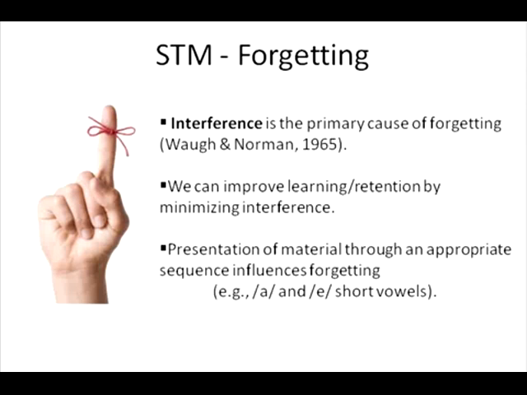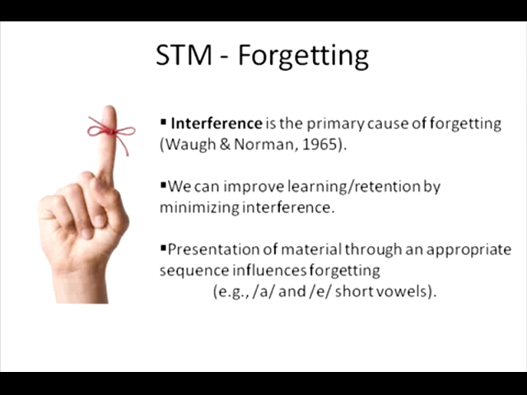The other aspect that may cause forgetting is the fact that we sometimes do not follow a sequence in instruction. That's why it's so important that we use sequential instruction. Now, besides sequential instruction, I'll give an example with the vowels.